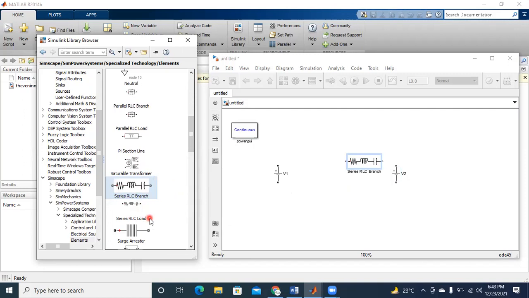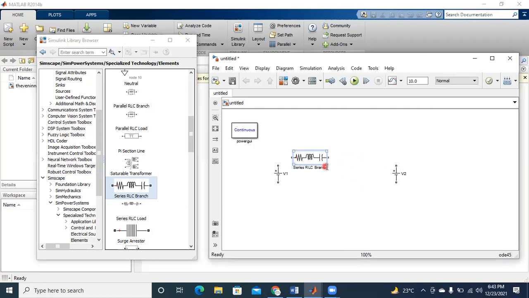While choosing your element, if you have the values of resistor, inductor, and capacitor, you can go with the RLC branch. If you have the active and reactive powers, you can go with the series RLC load. Now I have the resistors themselves, so I can go with the series RLC branch.